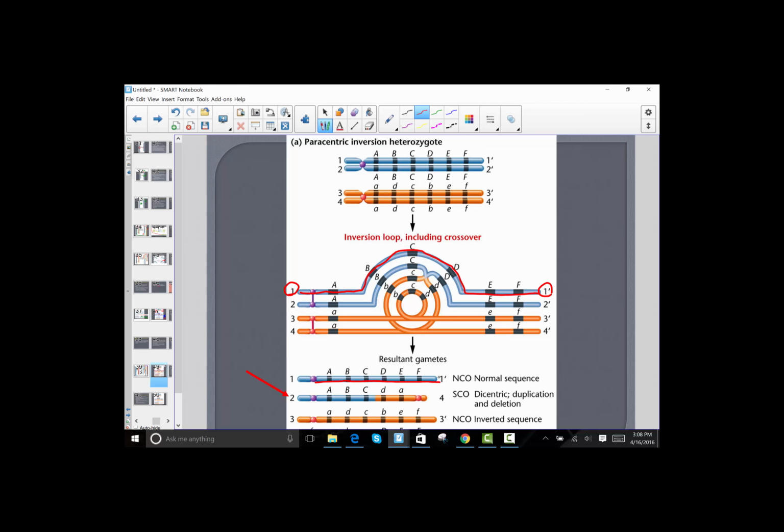Nothing is different about this one. We didn't cross over. So no crossing over, normal sequence. Okay? Now let's look at what happens, and notice that this is where crossing over is actually going to occur, because this is where our 2 non-sister chromatids have actually attached to each other.